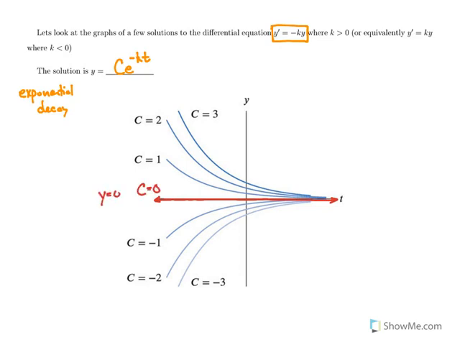And again, that's the solution, just y equals 0, as opposed to maybe this one right here, which is y equals negative 3 e to the negative kt. All right, so exponential growth, exponential decay, depending on if our rate that we are growing at is positive or negative. That's going to determine whether we have exponential growth or decay.